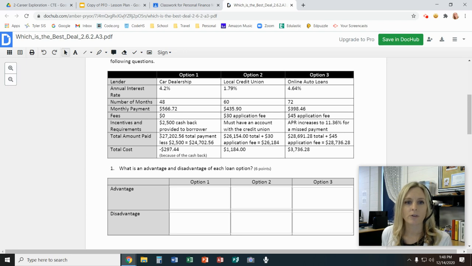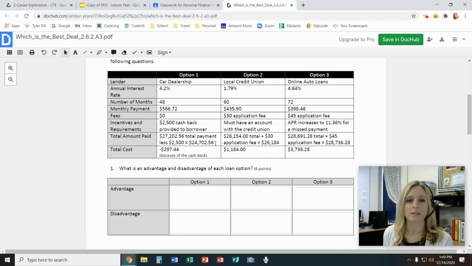And so, if we look at the total amount that Cesar will be paying for this loan, he will be paying $27,202.56, and that's including the cost of the car plus the interest minus the $2,500 in cash. So this is assuming that he gets the cash and then he immediately pays the cash onto the car payment.